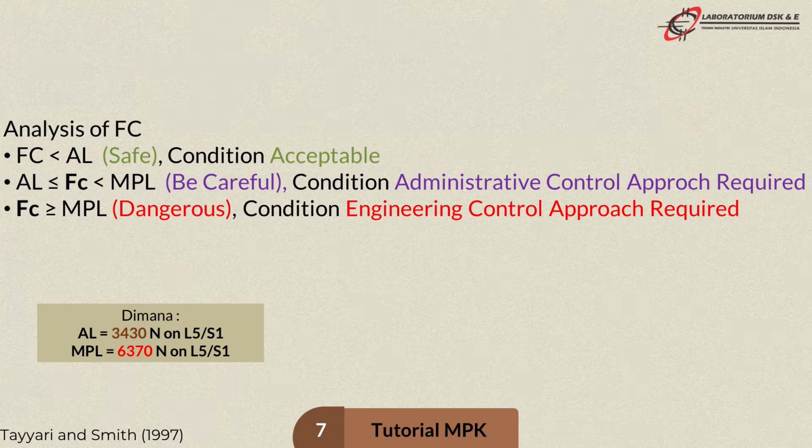If FC in between of EL and MPL, condition administrative control approach required. If FC more than MPL, condition engineering control approach is required. Where EL equal to 3,430 Newton and MPL equal to 6,370 Newton.